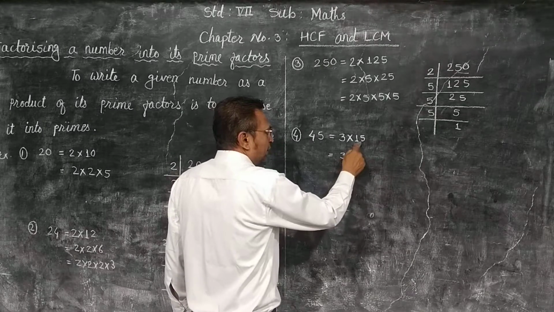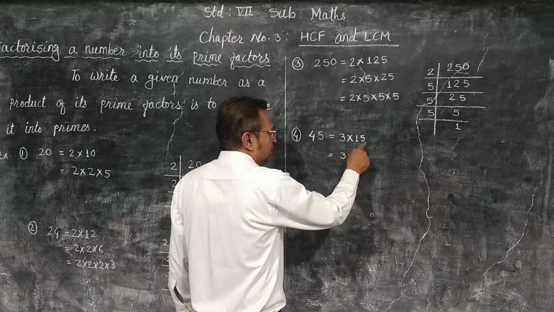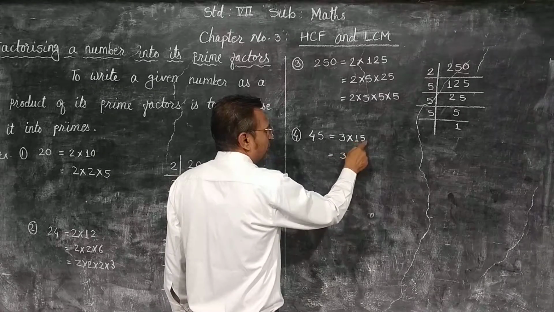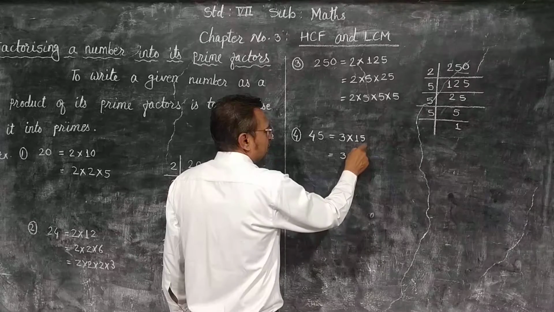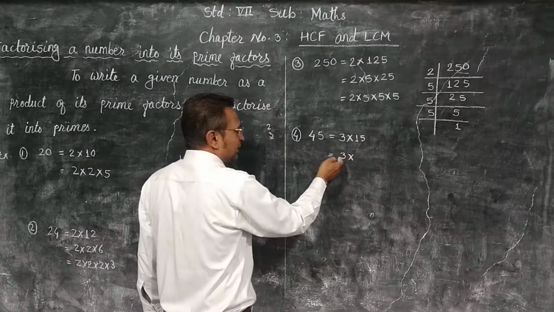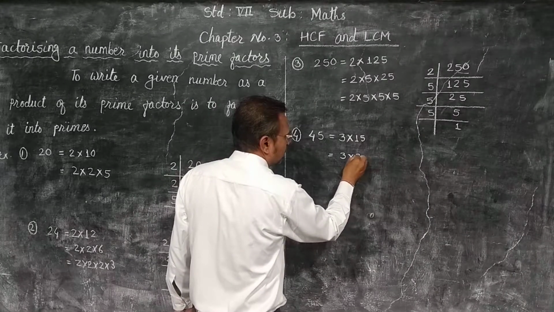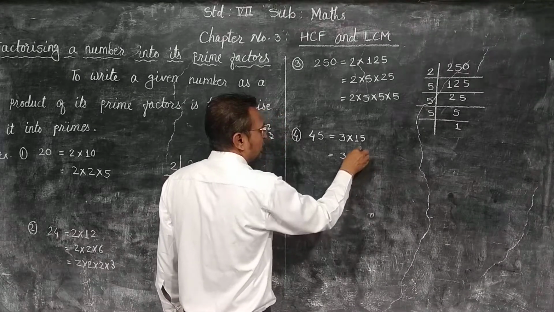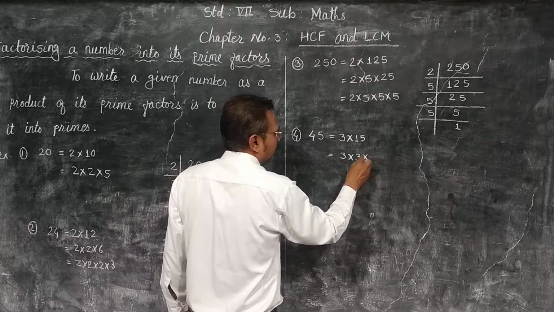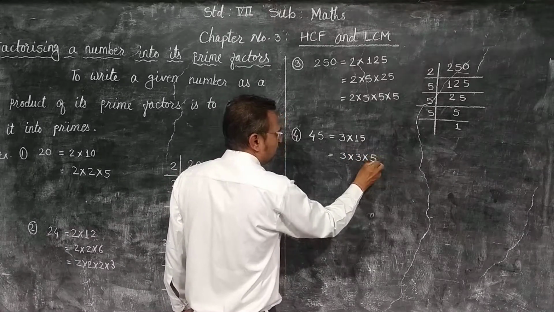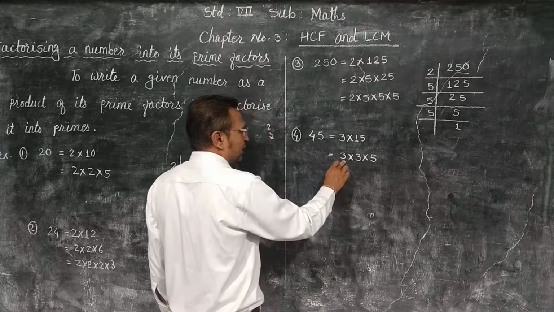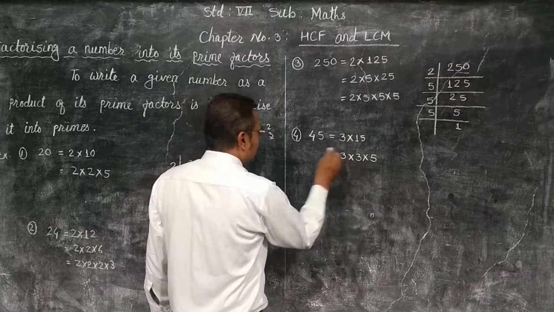Can we use the divisibility test by 3 again? First we will add the digits. 1 plus 5 is 6. 6 is a multiple of 3. Therefore again we can use the test of 3. 3 5s are 15. 5 is a prime number. Now verify. 5 3s are 15, 15 3s are 45. These are the prime factors.